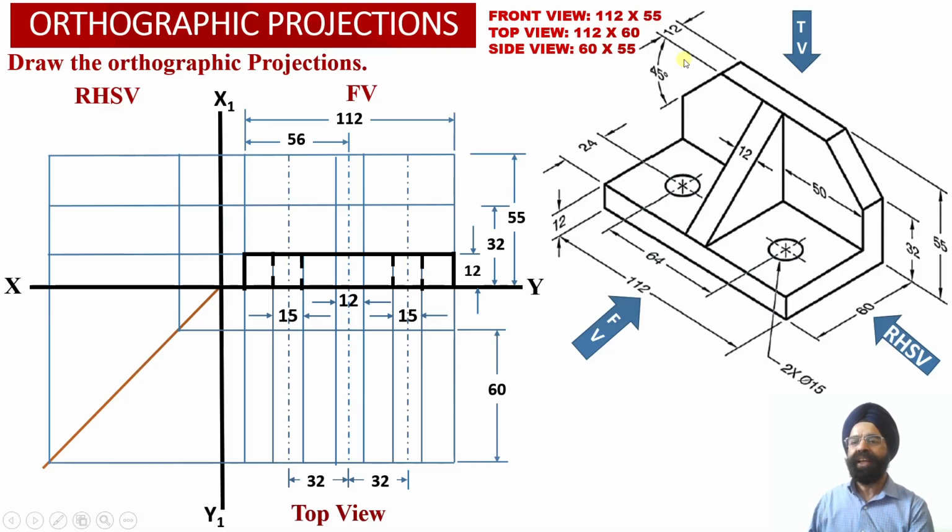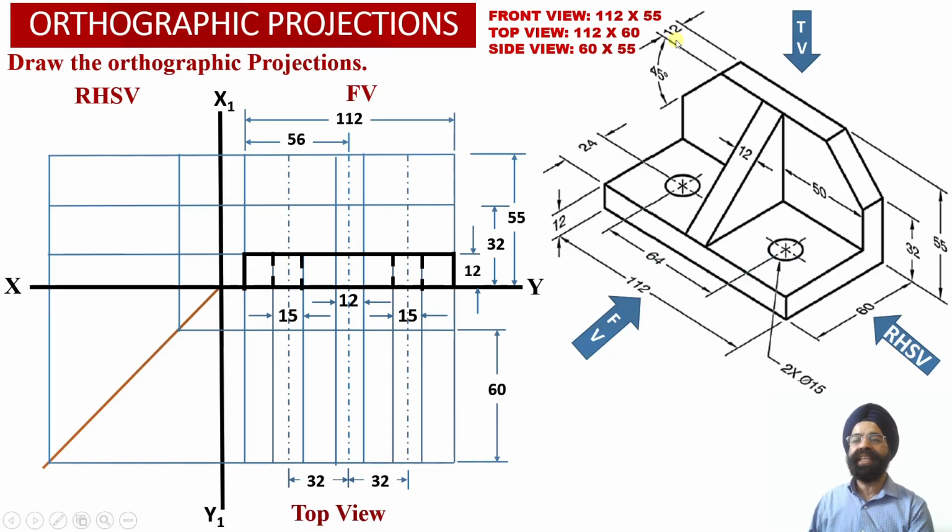Now we know that from the left hand side point corresponding to this projector line, we have got the starting point of this inclined surface over here. Similarly, corresponding to the right hand side corner of this particular projection line, we have got the starting point corresponding to this inclined surface over here.